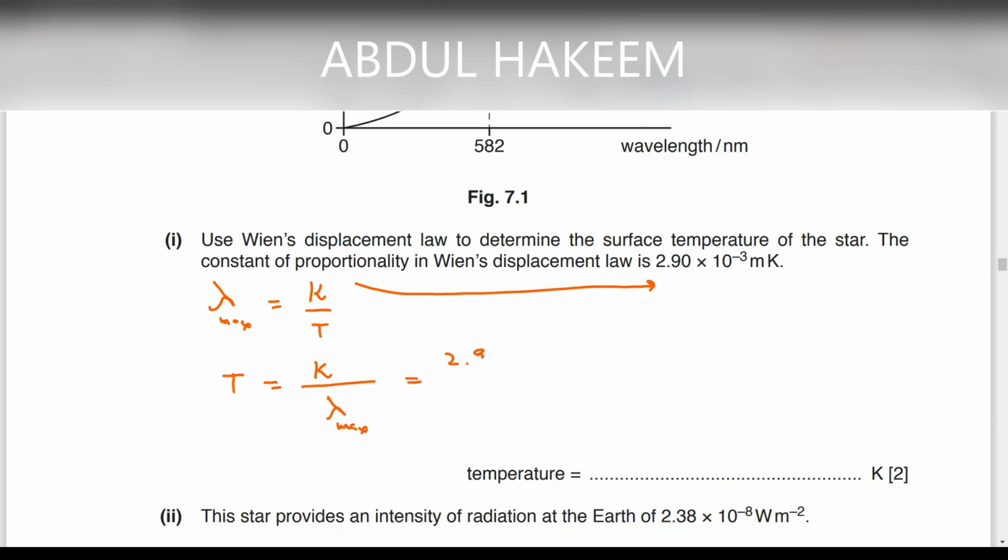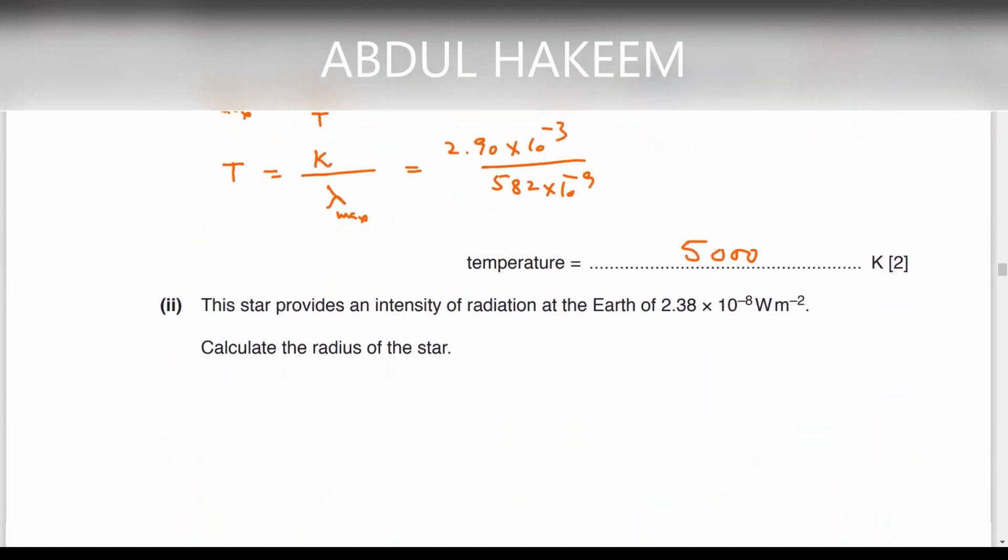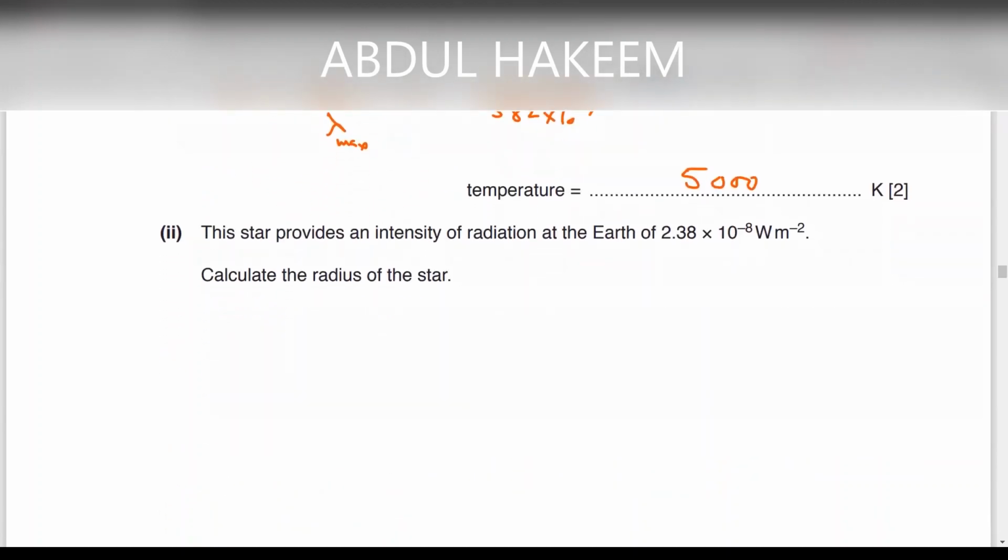This is 2.90 × 10^-3, and the wavelength is mentioned here: 582 × 10^-9. After calculation, the answer is approximately 5,000 Kelvin.